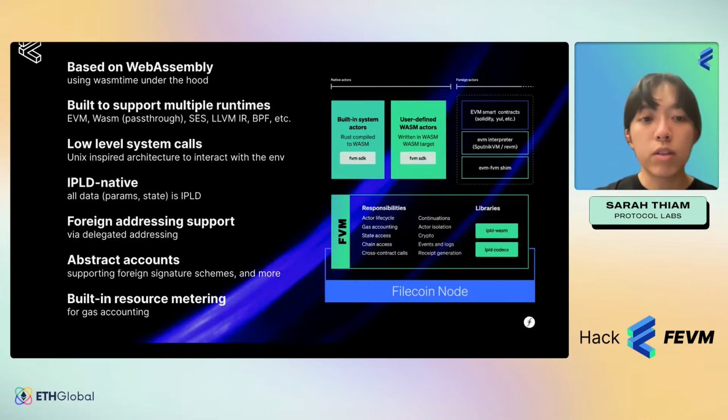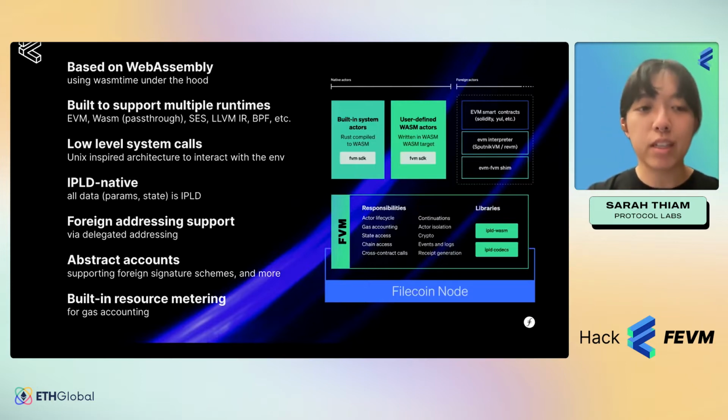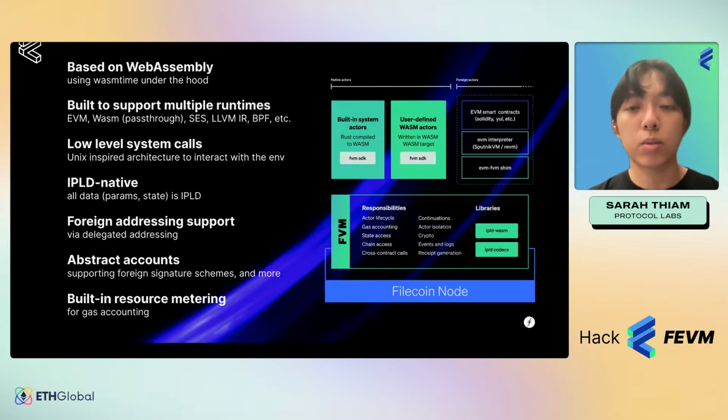Low-level system calls are also a feature that we've considered. Again, that gives a lot more control around the syscalls that we want to make. Next, IPLD native. For those of you who are new to IPLD, it stands for, I think, InterPlanetary Linked Data, but I might be wrong on that. It basically links to content-addressable data structures that are linked through hashing.